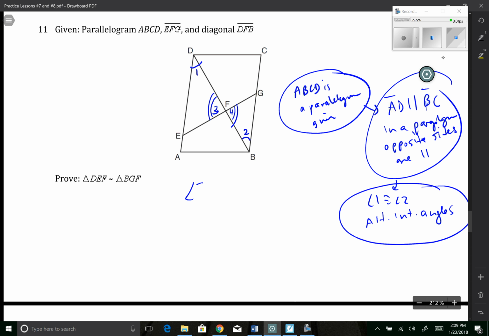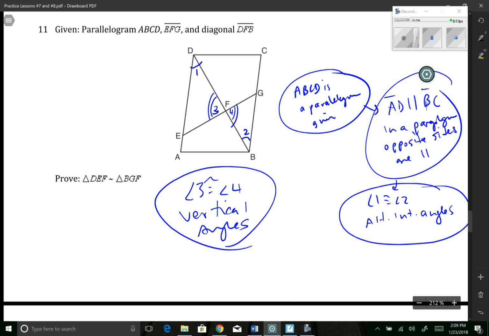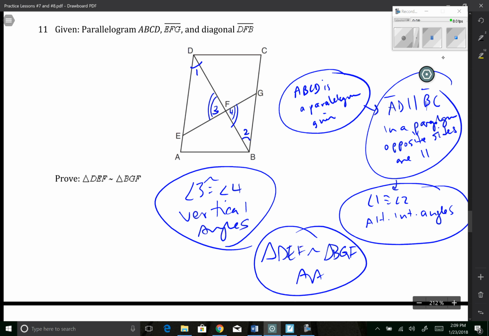Then I could say angle 3 is congruent to angle 4 by vertical angles. Sorry, my handwriting is bad here. And triangle DEF is similar to triangle BGF by angle. And I'm done.